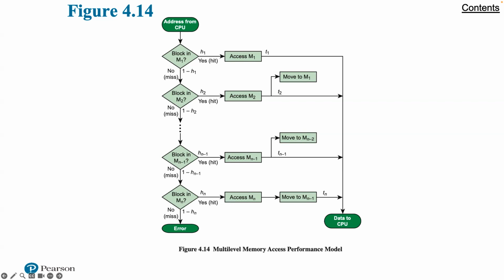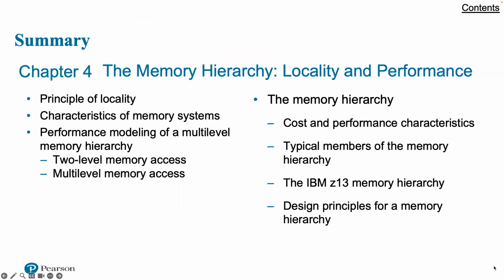From there, it can be transferred to the processor. We designate the total time for the operation as Tn. So looking at figure 4.14, there are a number of different paths from start to finish. So hopefully that explanation gave a little bit of clarity there. You can always look at the text and see some more details.